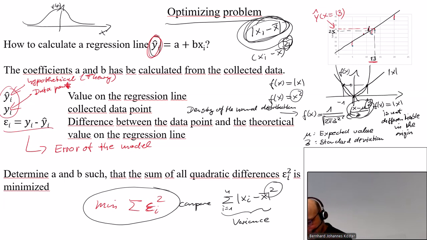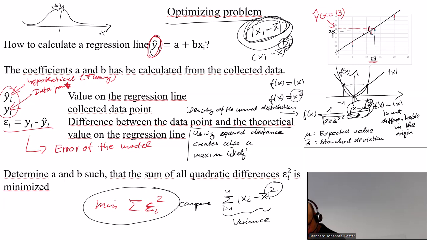And there is a last point which we can say: using the squared distance also creates a so-called maximum likelihood estimator.